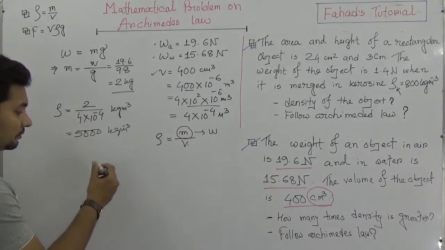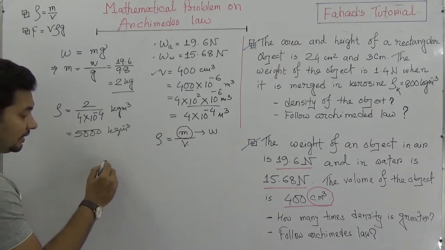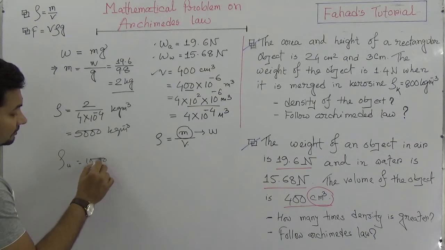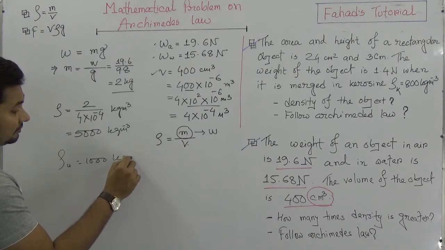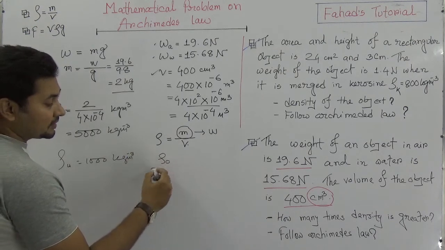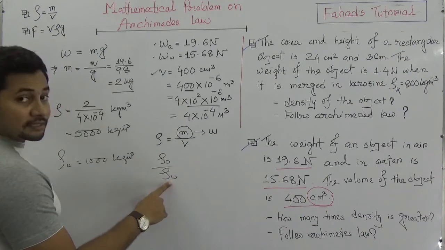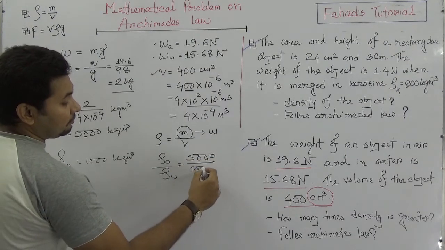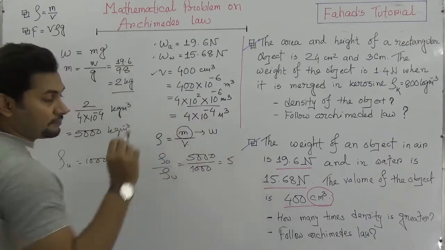The question is how many times the density is greater than the water. If I know that the density of water is 1000 kg per meter cube, then rho of object divided by rho of water is 5000 divided by 1000, which is 5.